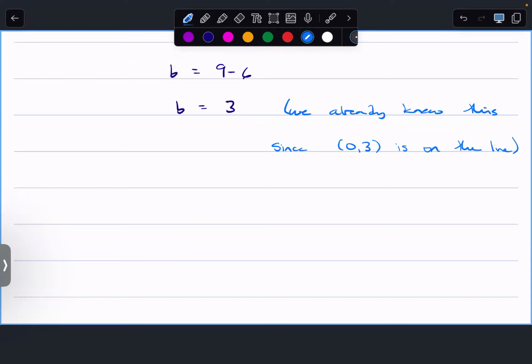But I wanted to show you with a different point because it's not always that obvious. Therefore, y equals 2x plus 3.